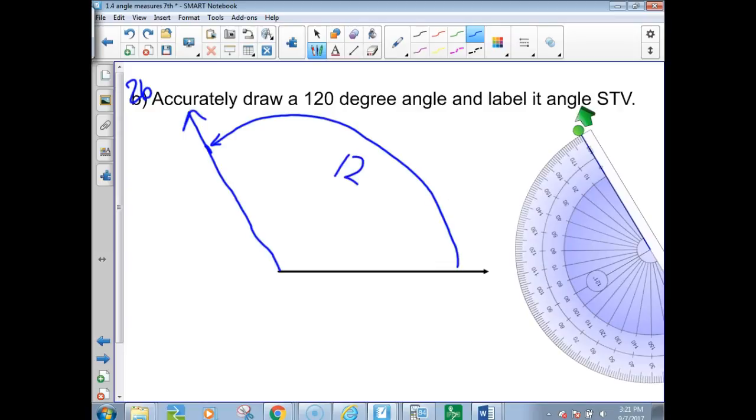That's 120 degrees. And the label STV. So how do I label it? Tell me what to do. Where do you put the S? Okay, S up here. All right. Okay. Good.